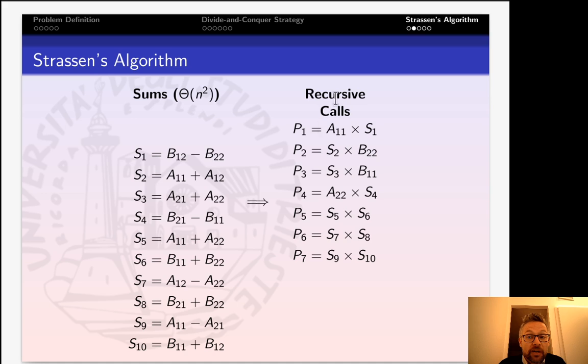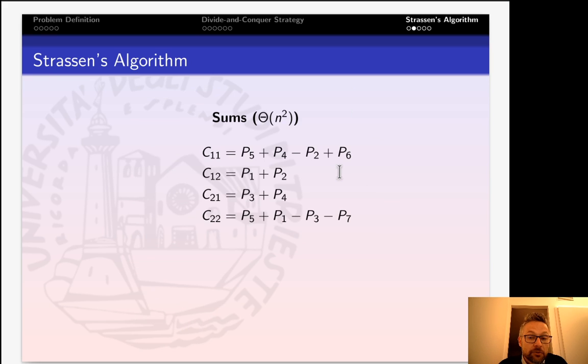And what about the recursive call? Well, again, the recursive call has, of course, a recursive equation that we are going to see in a while. But instead of having 8 submatrix multiplications, just like in the divide and conquer algorithm, we have 7 submatrix multiplications.